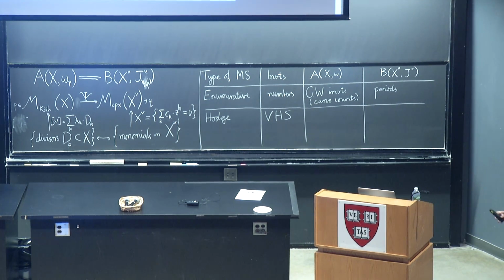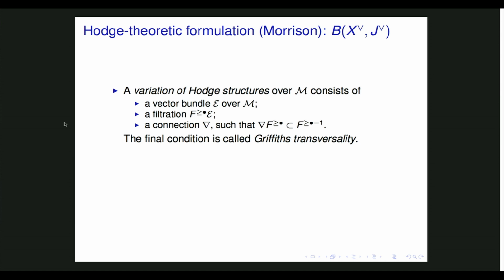It consists of a vector bundle together with a filtration, and a flat connection, nabla, which only shifts the filtration by 1. So it doesn't preserve the filtration, but it also doesn't behave completely randomly with respect to it. This final condition is called Griffiths transversality, and it will be relevant to my point a bit later.